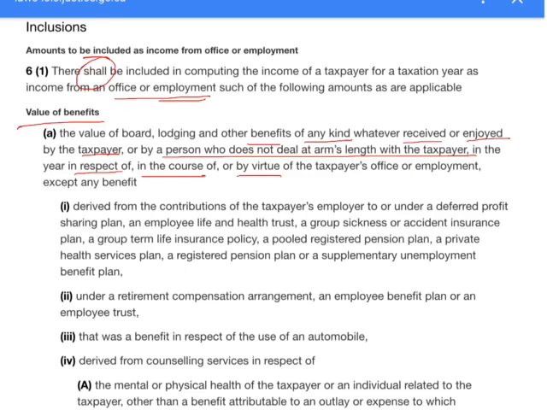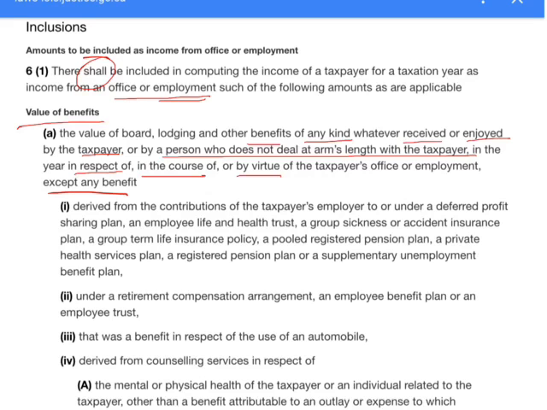Well, that's really all-encompassing language. It basically says that if you receive anything from your employer, or because you're an employee, it must be included in income from employment. Now, we see that there are some exceptions. We'll deal with those briefly, but I want you to remember how all-encompassing this language is.